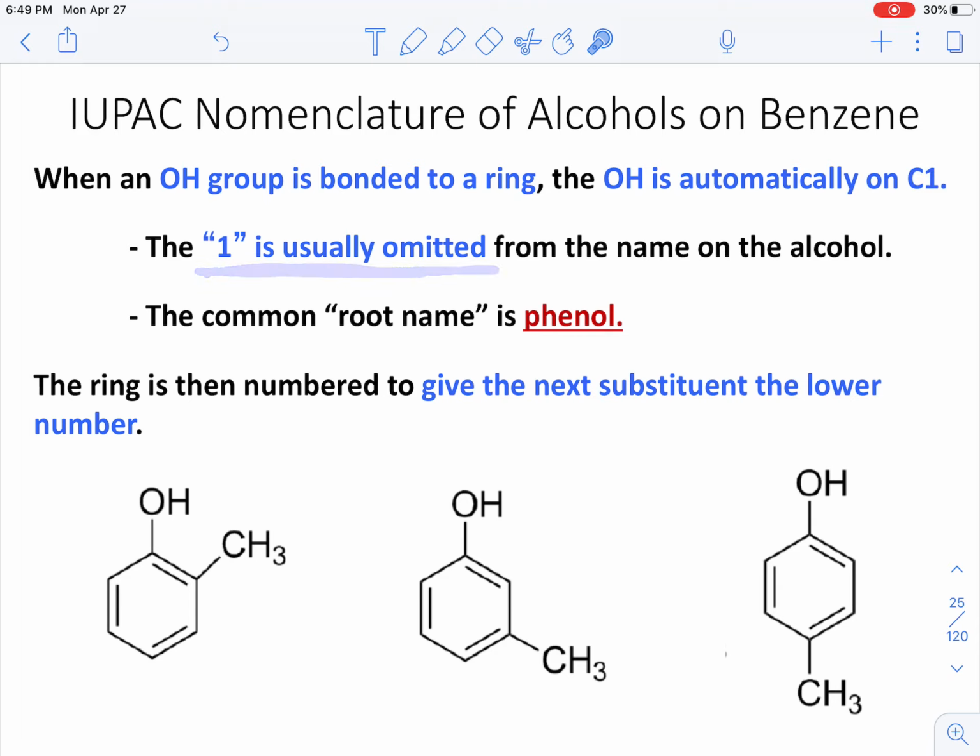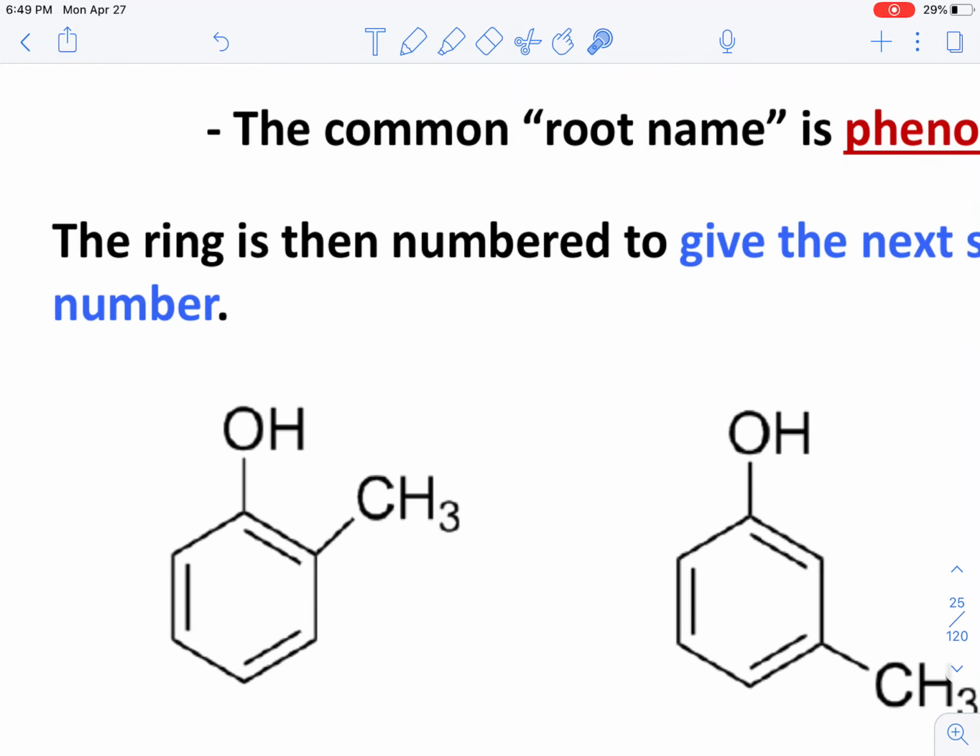Whatever carbon it's bonded to, that carbon is super lucky because it gets carbon number 1. And so all we have to do is figure out a numbering system such that the substituents have the lowest carbon number possible.